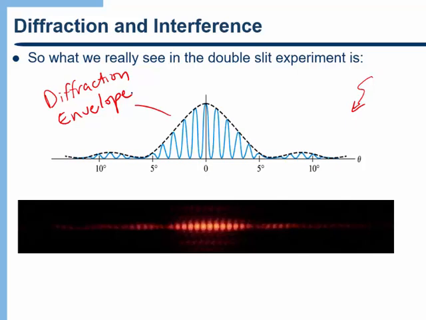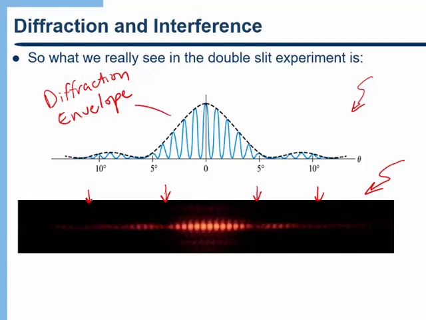But then within that, we actually get the little dots of the interference pattern. And so this is what we actually see when we put a laser through two narrow openings. Notice that right here and here and here and here, that's where it's dark because of the diffraction pattern. But then within that, all the little dots are the interference pattern.